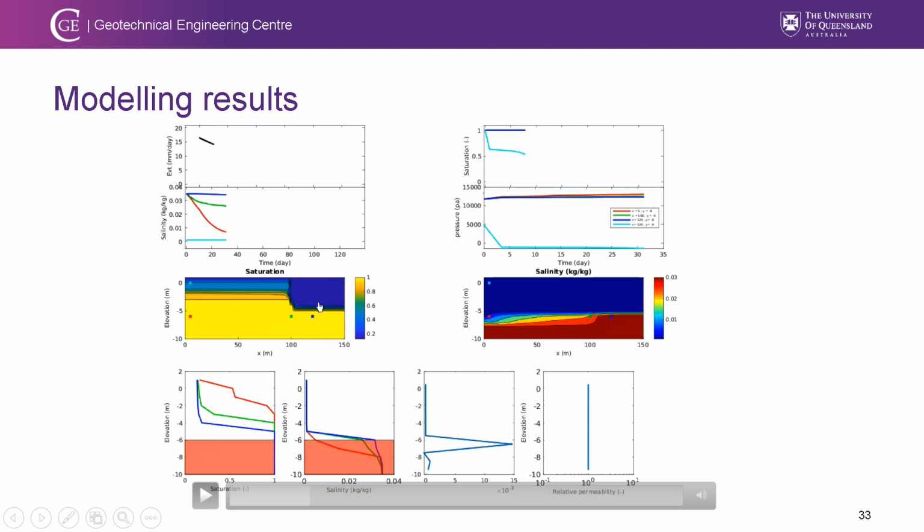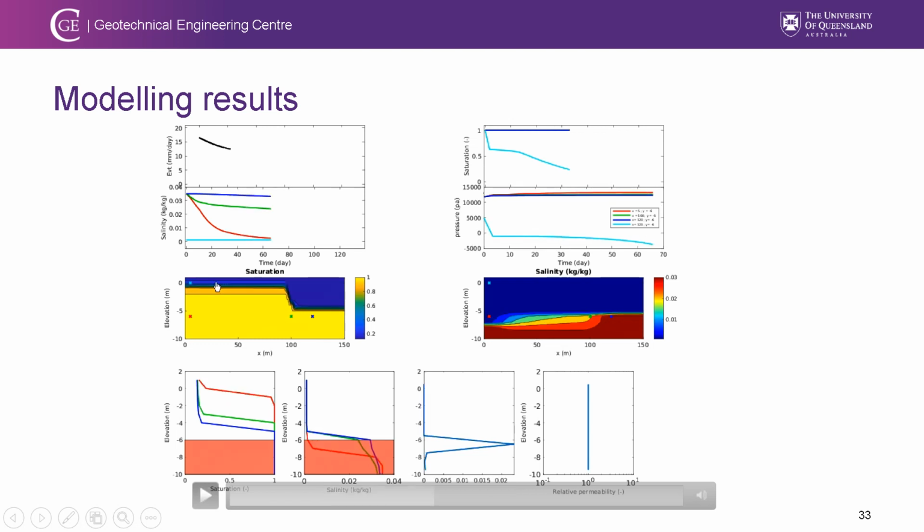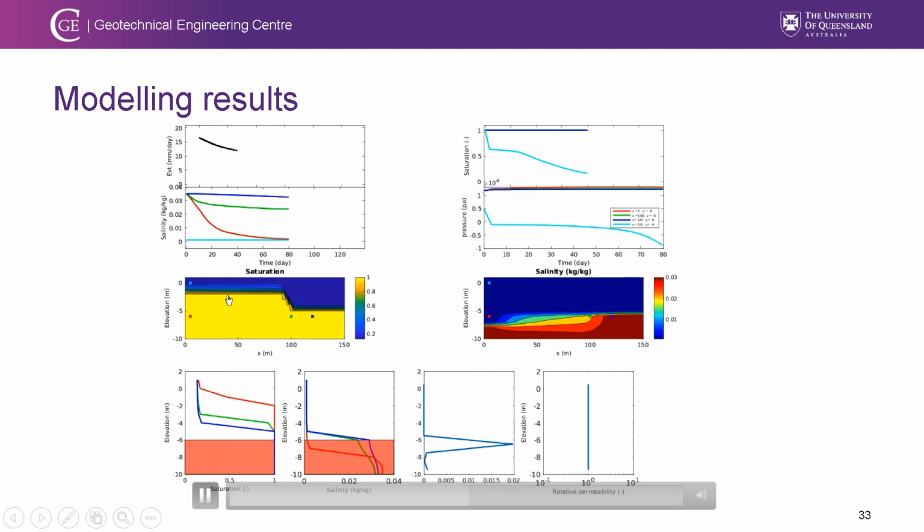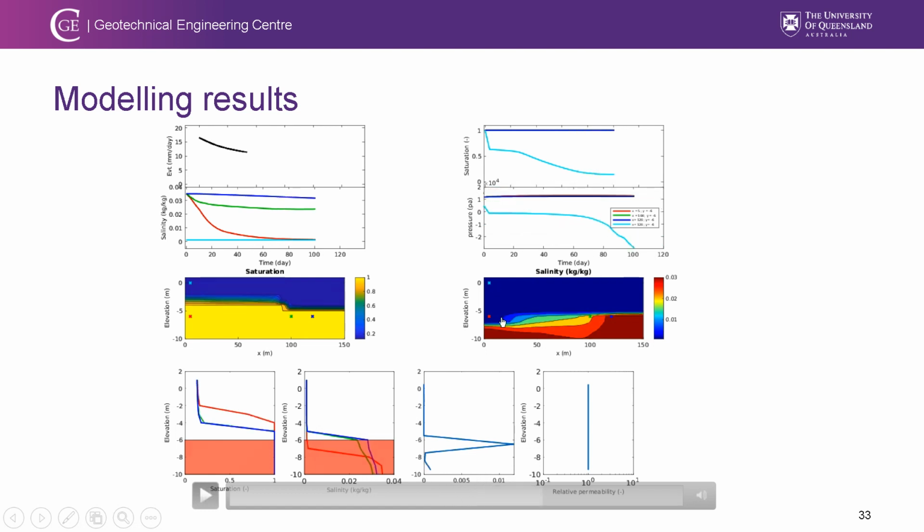And because the surface water is fresh, the fresh water actually pushes the salts to the outside of the pond as well. But eventually, as the surface water depletes, we will see that the bulged water table drops down, and the mixing zone between fresh water and salt water gets widened.